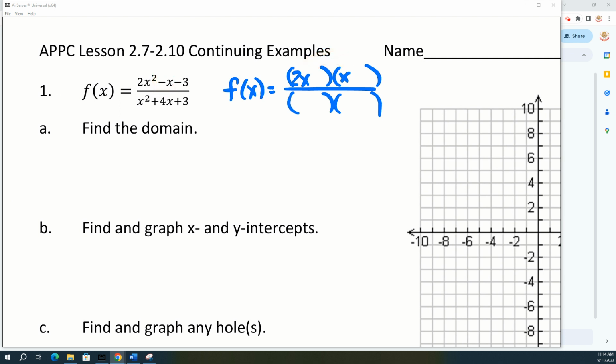Do you guys know where you put the 3? Do you put the 3 with the 2 or on the other one? Anybody? You put the 3 with the 2. And then it needs to be negative. There you go. 2x minus 3x is -1x.